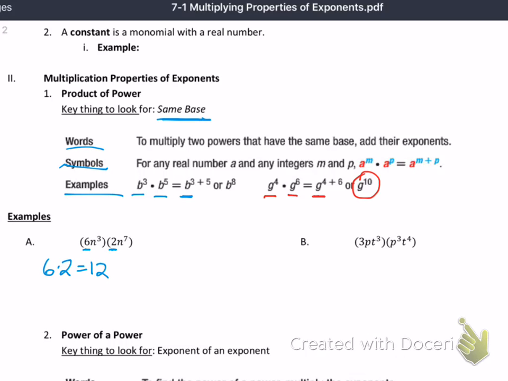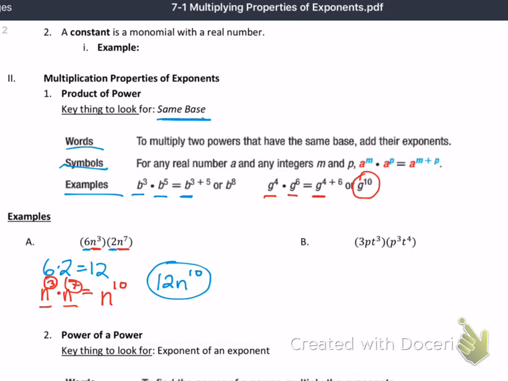And now we have, maybe I'll do this in red, n cubed times n to the 7th, and that's where we use our property. They have the same base, so it's going to be n, and then you just add your exponents. 3 plus 7 is 10. So my final answer is going to be 12n to the 10th power.